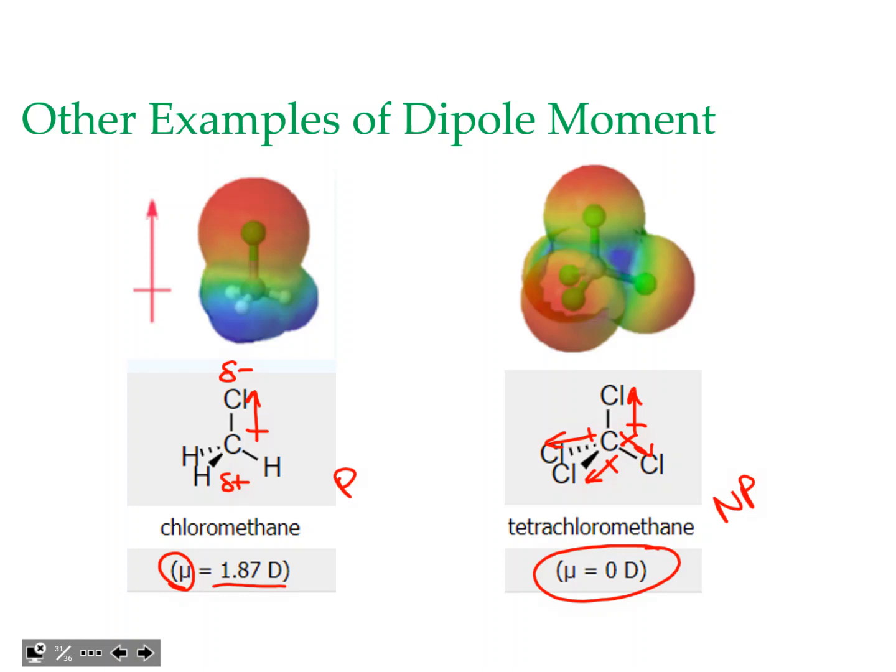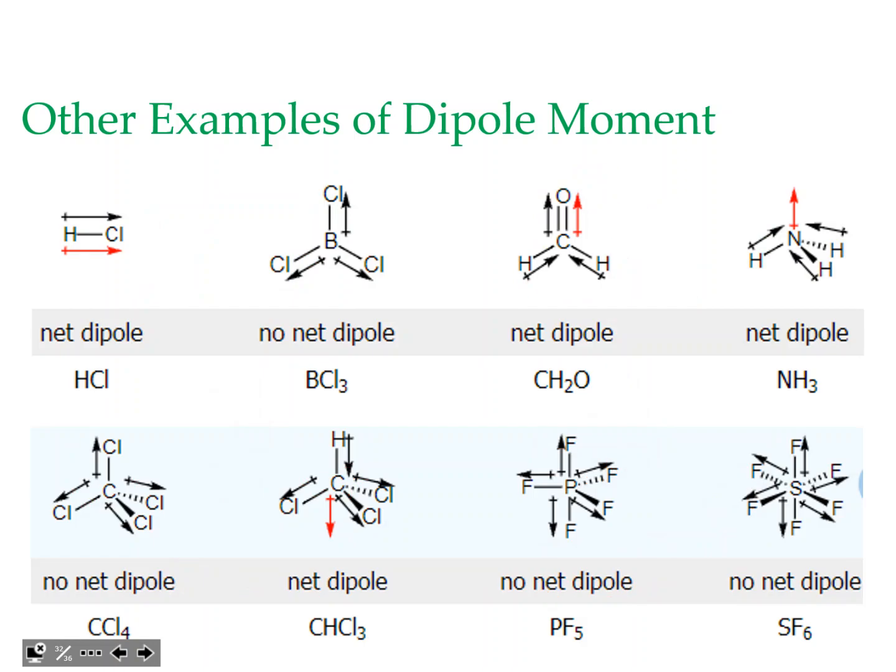And you can see, because on the left you have 3 H's and 1 chlorine, the ligands are not the same, the outside atoms are not the same. Therefore, it's not symmetrical, so you're going to have a directional dipole. Here are some other examples, showing you the ones that have directional dipoles versus ones that do not.